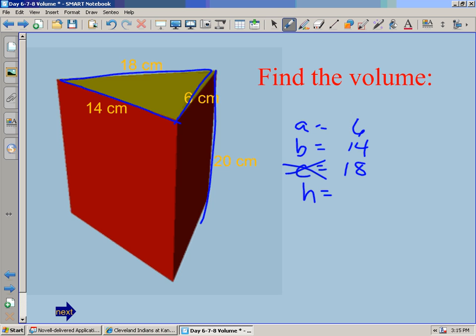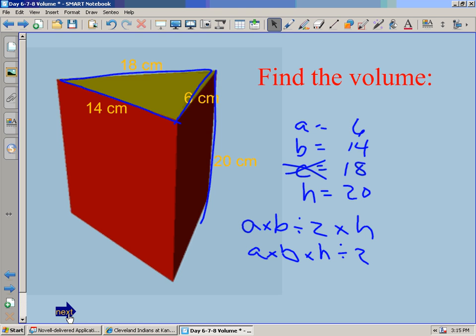Our height is 20. Using that, I would like you to see if you can find the volume of this shape: A times B divided by 2 times H, or A times B times H divided by 2. Either one. Once you've tried it, you can restart the video and watch the solution.